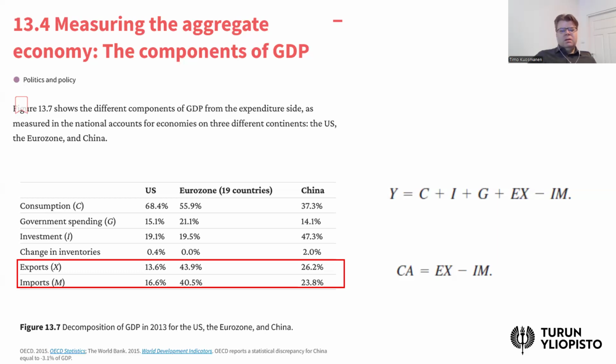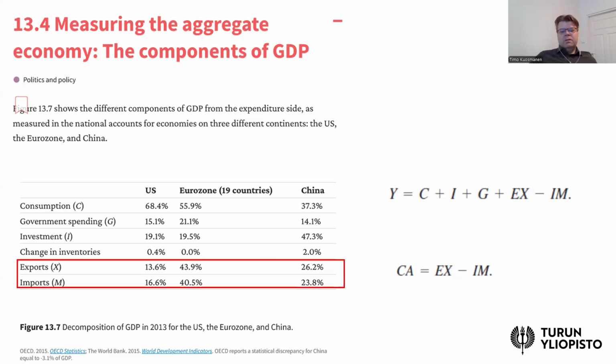Notice that for the USA, these numbers are percentages of the total GDP, so we are just breaking down the GDP into components. But notice that for the USA, exports were smaller than imports, so we would say that in the USA, current account was in deficit. In contrast, in China, the exports were larger than imports. So we would say that the current account in China is in surplus.